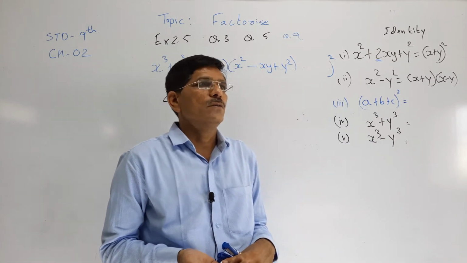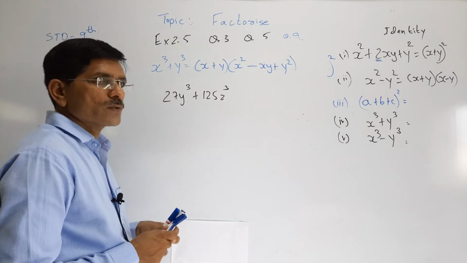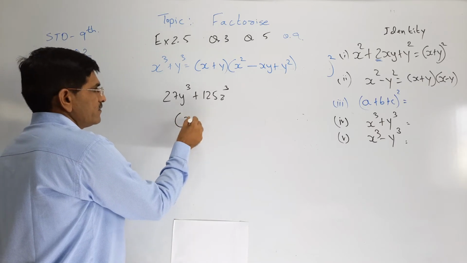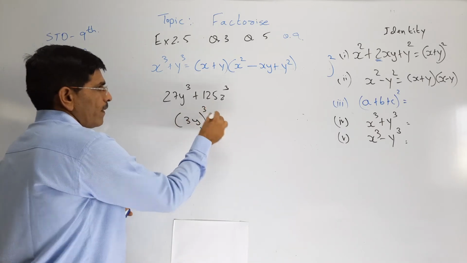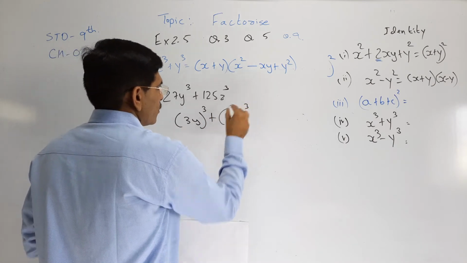That way we have to do. So now 3y whole cube plus 125z whole cube. So I have to write 3y whole cube and 5z whole cube.